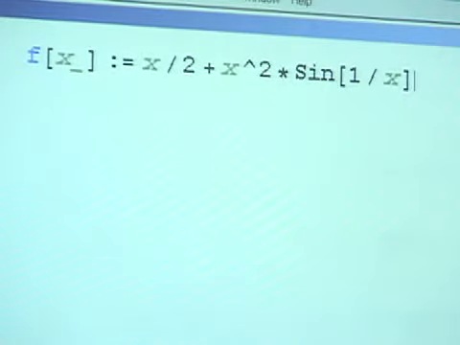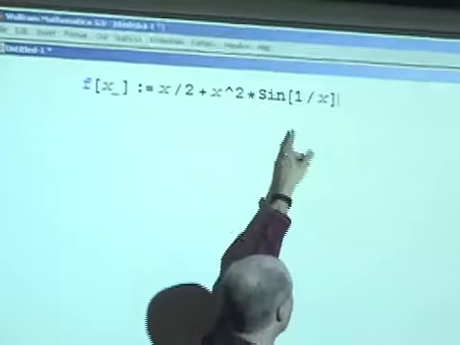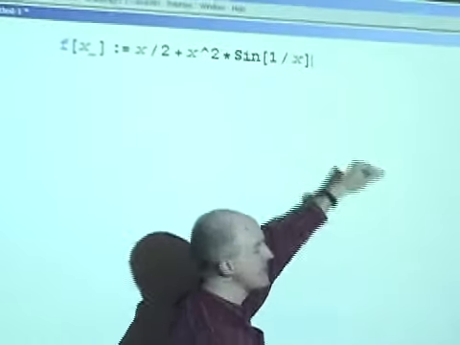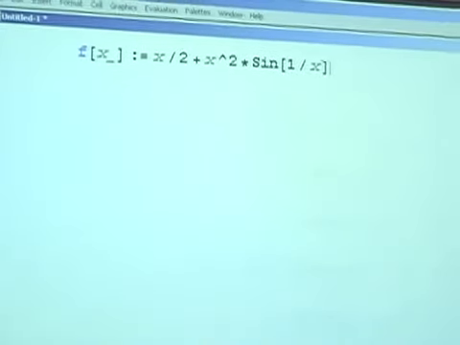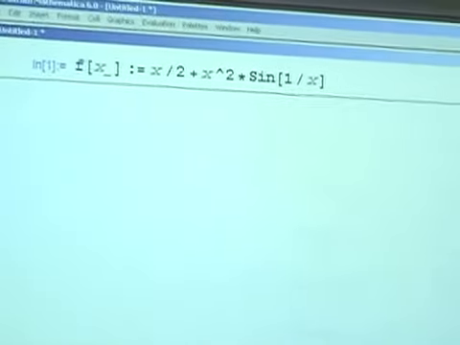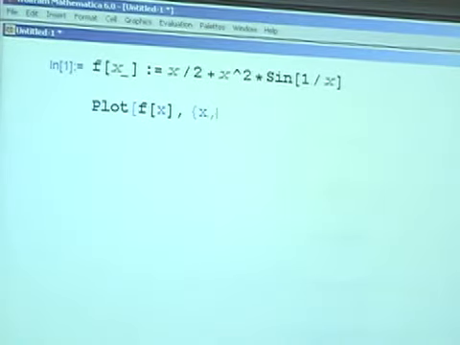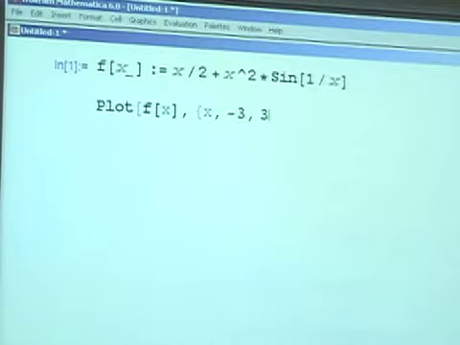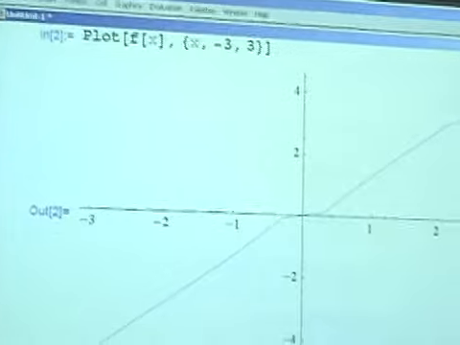It's undefined at x equals 0 if you think about it, because you have a 1 over x here. You can't divide by 0. Well, let's ignore that for the moment. Let's go ahead and enter that function and plot it. Let's try negative 3 to 3 first and see what it looks like. There we go.